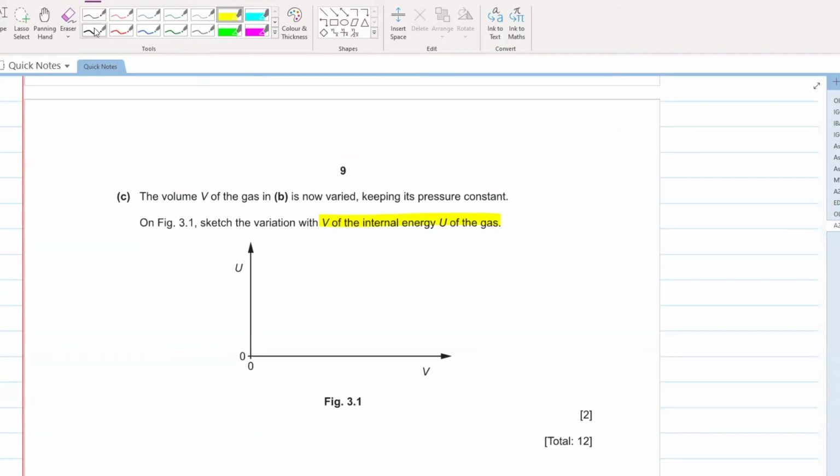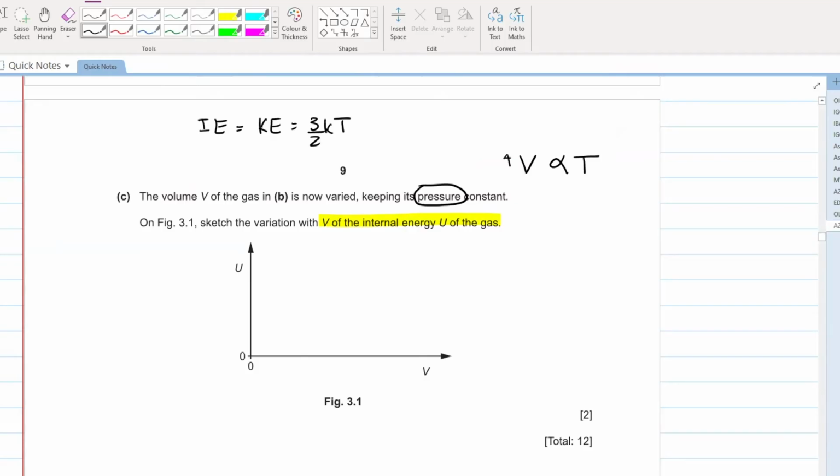If you realize, internal energy is equal to what? It is equal to the kinetic energy, that is 3/2 kT. If your pressure is constant, that means what? Volume and temperature are directly proportional.